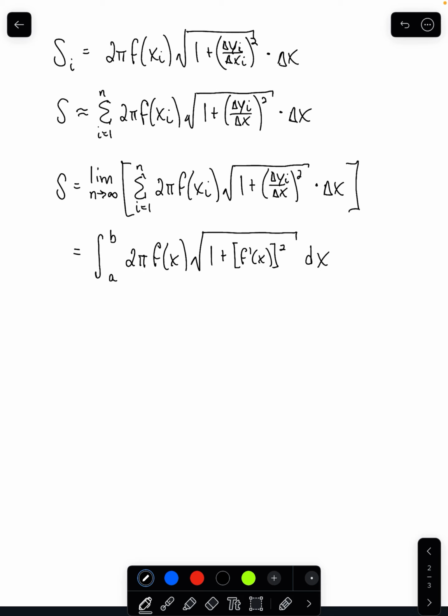This can, as with all of the previous formulas in this unit, easily be adapted to be done in terms of y rather than in terms of x, depending on which axis of rotation we are using. For a horizontal axis of rotation, such as the x-axis, we would be integrating with respect to x. For a vertical axis of rotation, such as the y-axis, we would be integrating with respect to y.